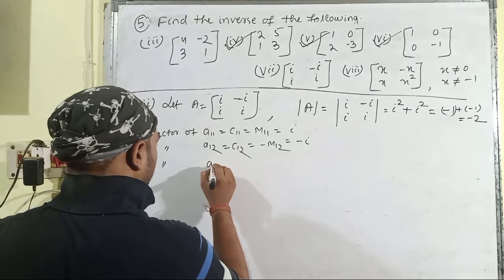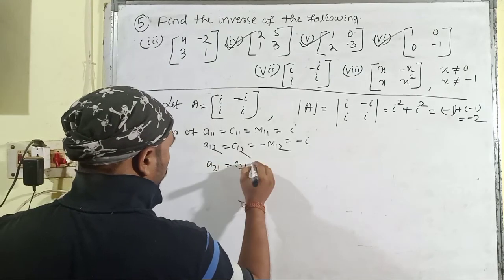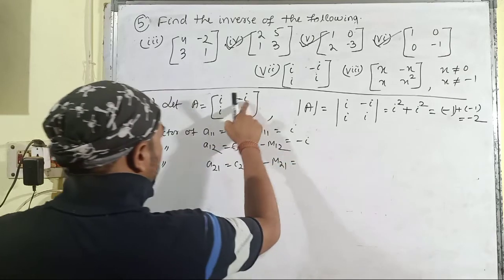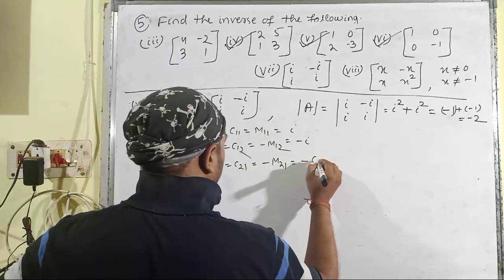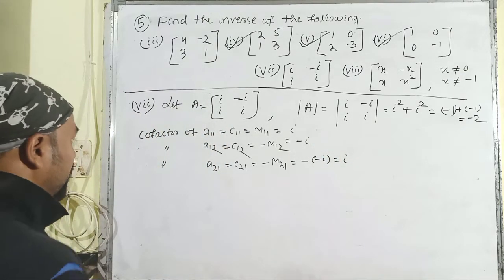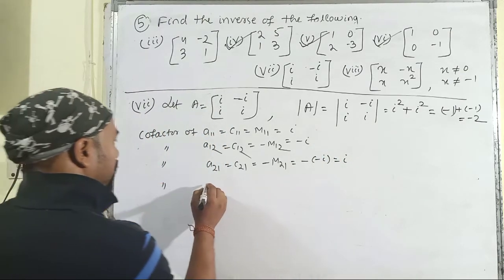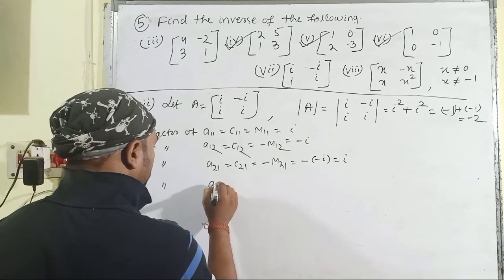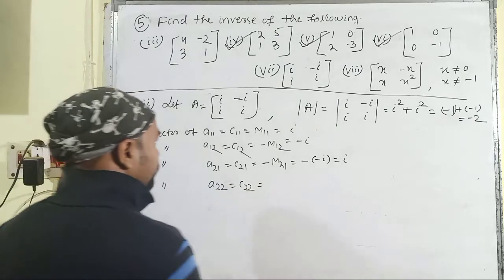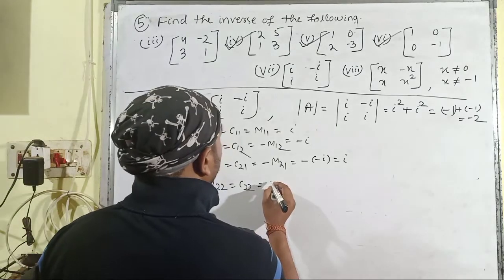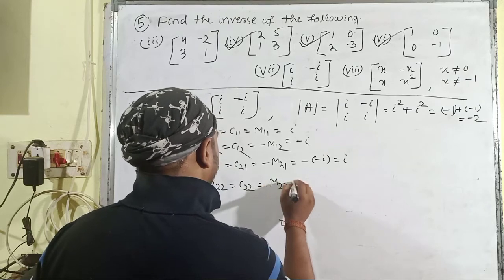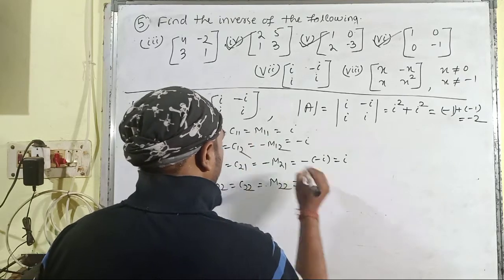Then cofactor of A21, which is C21, which is equal to minus M21, so it will be equal to minus of minus i, which is equal to plus i. Then cofactor of A22, which is C22, will be equal to M22, and it will be equal to i.